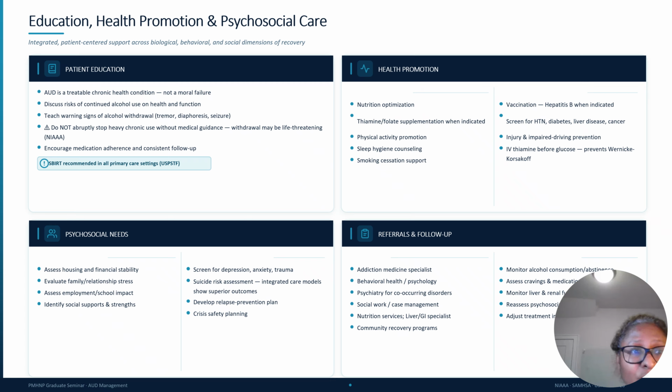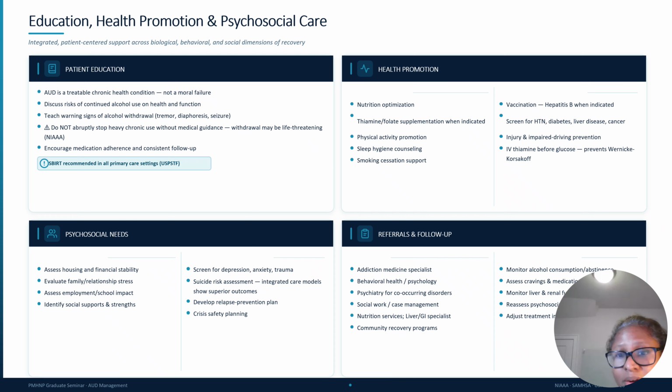Making sure to discuss the risks of continued alcohol use, and teaching the warnings of alcohol withdrawal are big and important. As far as health promotion, promoting nutrition optimization, thiamine and folate supplementation, physical activity, sleep hygiene. If they are smoking, and sometimes smoking and alcohol can go hand in hand, smoking cessation. Those would be the biggest ones.